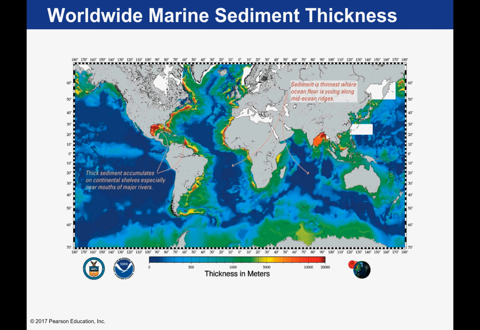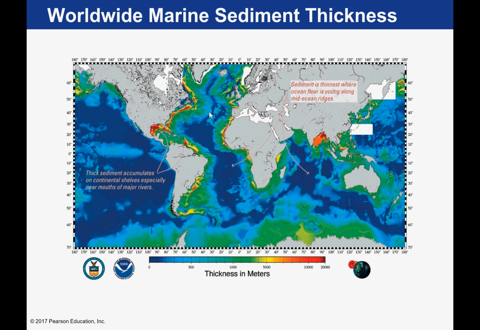This image shows you marine sediment thickness. So those reds are thicker numbers, or thicker amounts of sediments. And you can see typically we see these along the continents. And that's because we're going to be close to those sources. And you see thinnest sediment happens where the seafloor is young, so along our mid-ocean ridges and the middle of oceans.